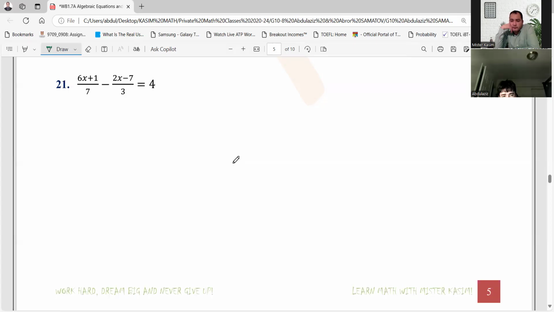By 21. Why? Because 21 is a common multiple of the denominators 7 and 3, that is 21, right? And also, if you notice that 21 times 1 over 7, that's equal to 3. And 21 times 1 over 3, that's equal to 7, right?